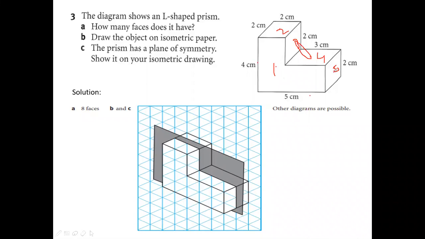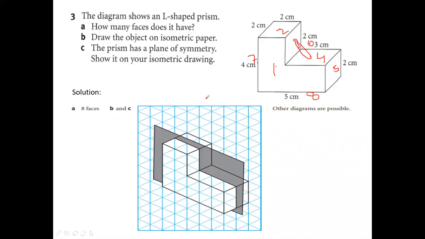If the front face is visible, the back face is not visible. So that is 6. Back face is 6. Right side is visible, so left side is not visible. That is 7. Top is visible, but not bottom. That is 8. So total how many faces do we have here? 8 faces are there. Did you understand? It is easy to count the faces.